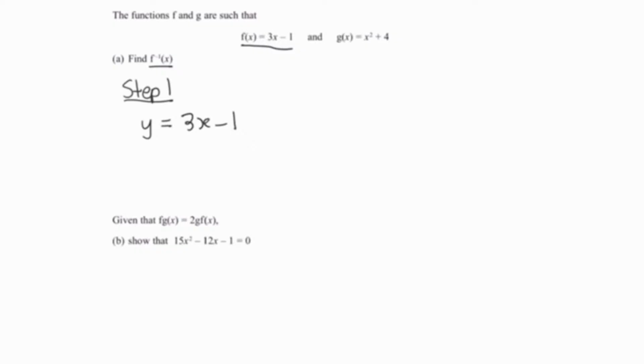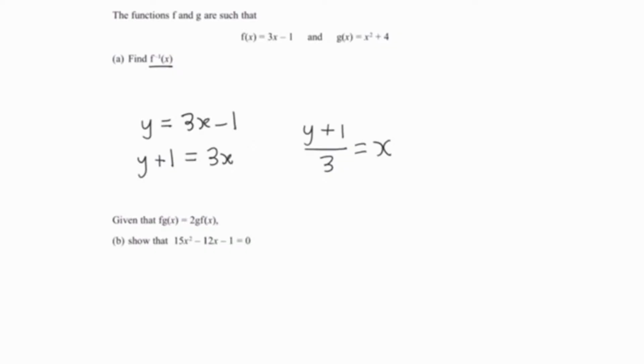So we just replace the f(x) with another letter, y. Now that we have this, we rearrange this equation to make x the subject. So we're going to get y plus 1 equals 3x, and then we can divide both sides by 3. So we have (y plus 1) over 3 is equal to x.